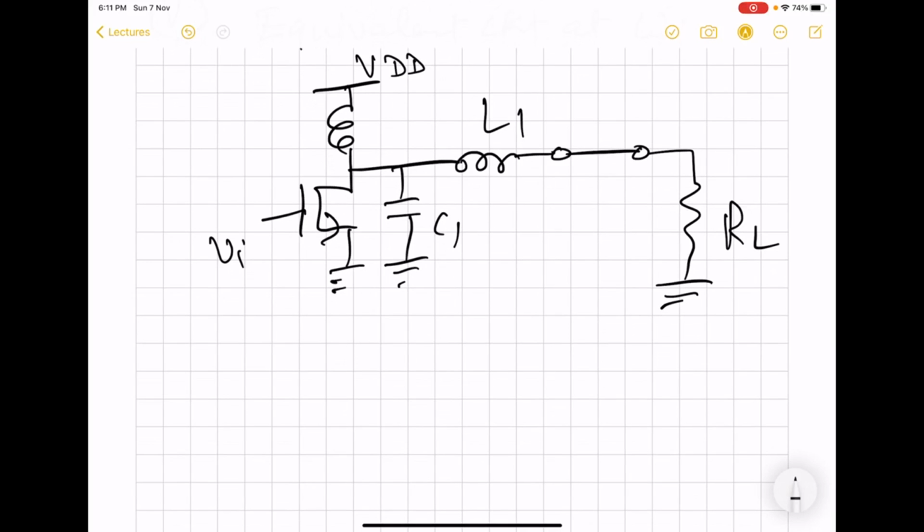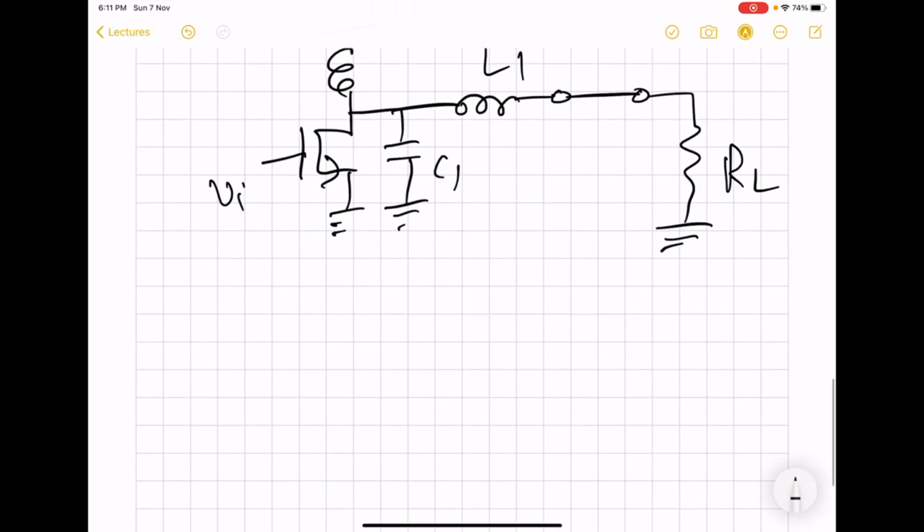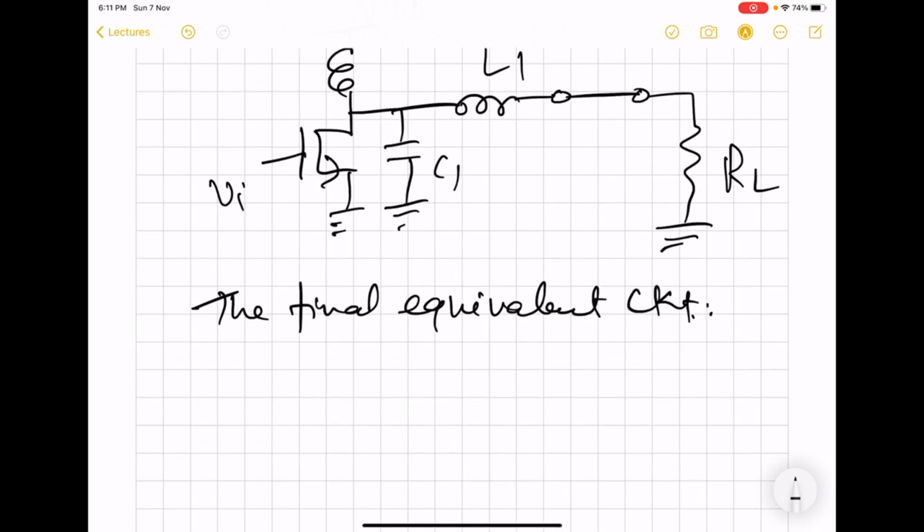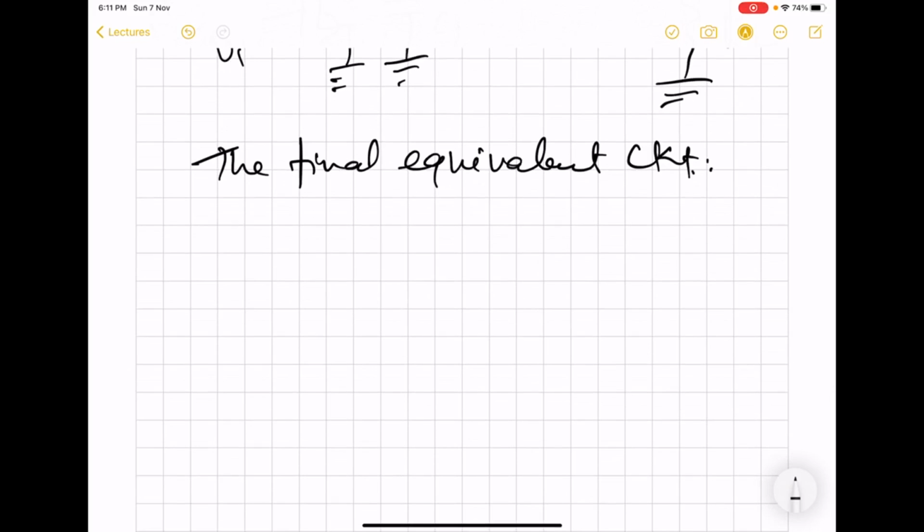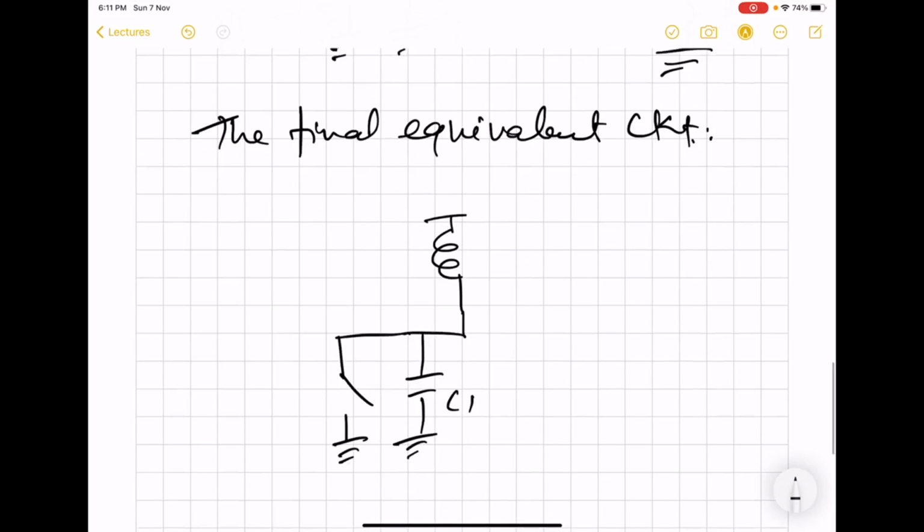Since in this circuit MOS acts as a switch, so the final equivalent circuit would be like this. That we have here the RFC, and then C1, and then MOS as a switch.